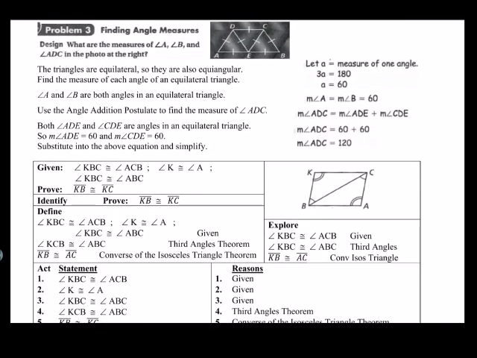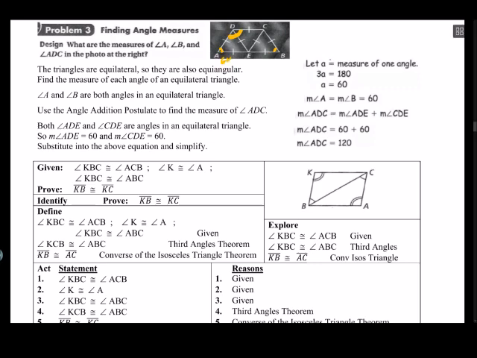And finding angle measures. Let's see. We want to know what are the measures of angle A, B, and ADC. So we are looking at angle A, angle B, and angle ADC. So this big one right here. Well, I see equilateral triangles, and we know that equilateral triangles have angles that are 60 degrees.